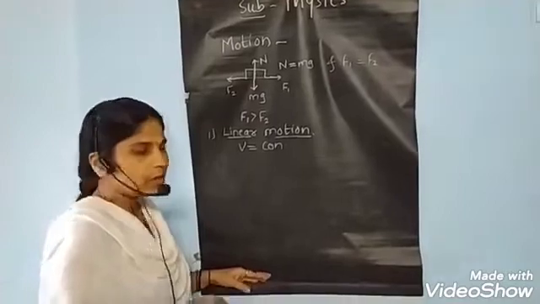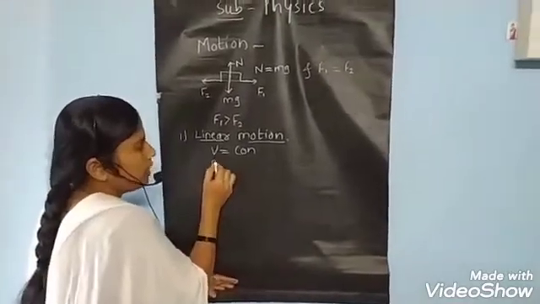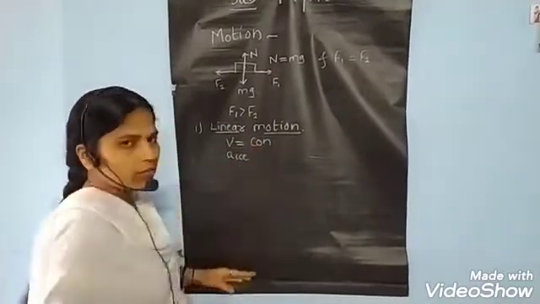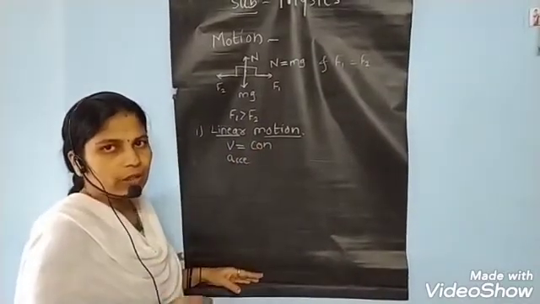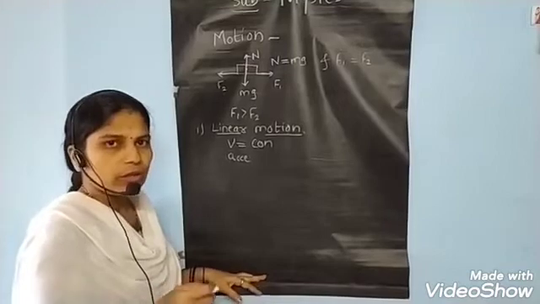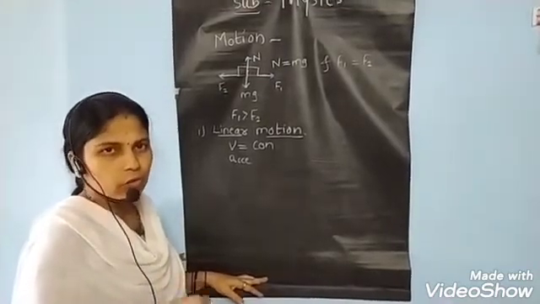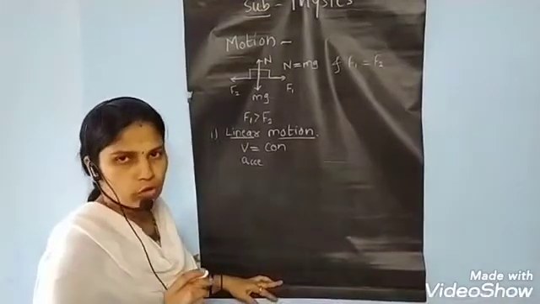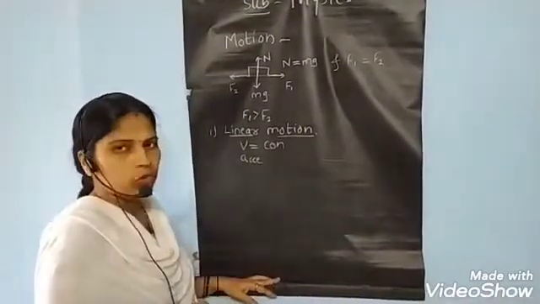Otherwise, if the velocity is changing and the object is accelerating, it is non-uniform linear motion. This is the first type of motion.